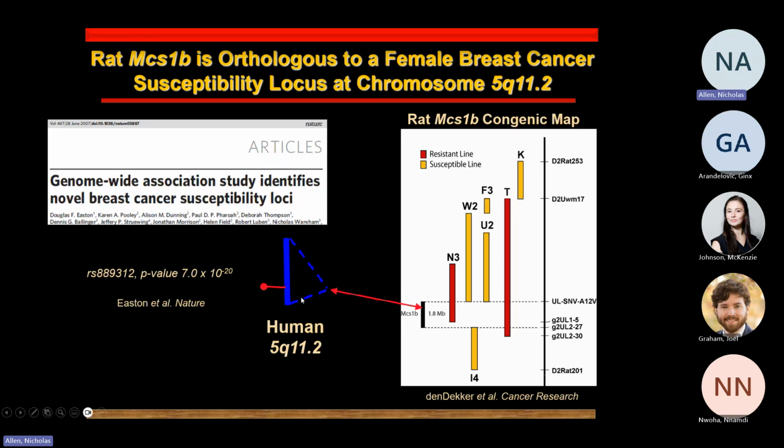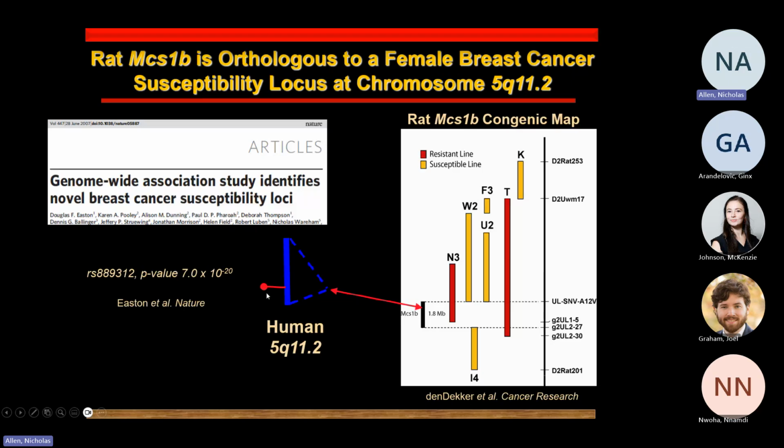There's a lot more genetic variation in the human genome than there is in an inbred rat, right? So if you look along this, there would be hundreds of other variants, but they only tested the one. So what they have to do is figure out which ones are also being inherited along with this.